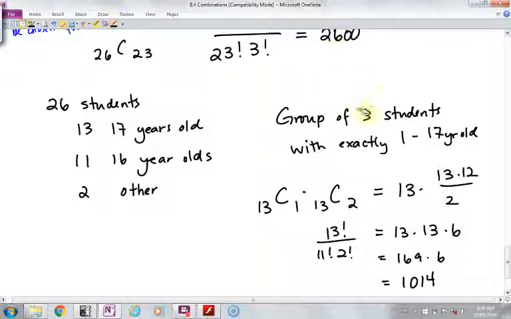So here's the question. If I wanted to know how many groups I could make with more or less than one 17-year-old, I could just subtract them. Okay? If I wanted to know how many groups I could make with no 17-year-olds, what would I do then?